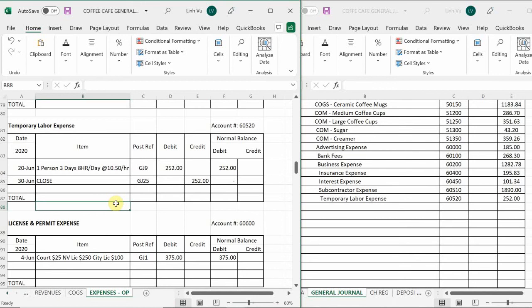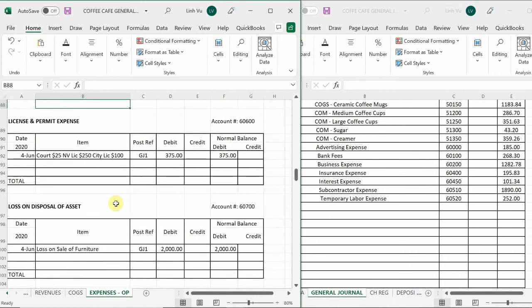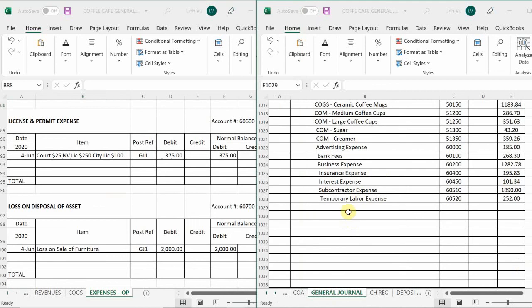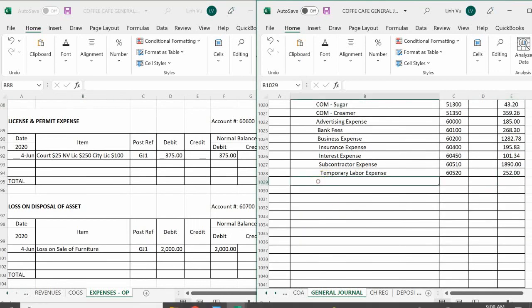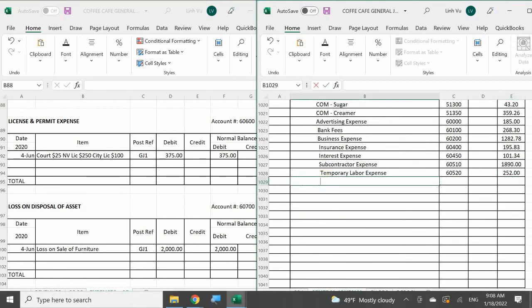Next account we have is license and permit expense for the total amount of $375.